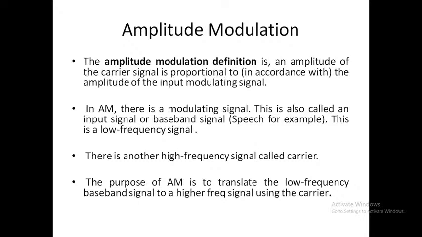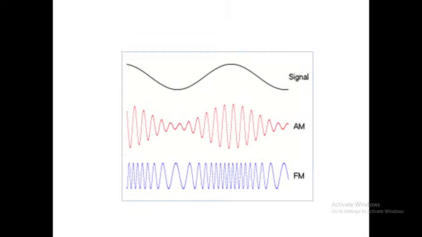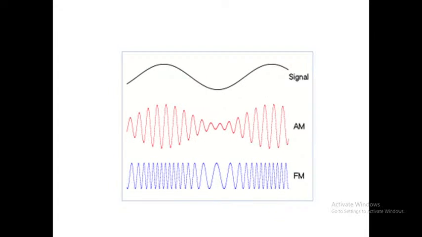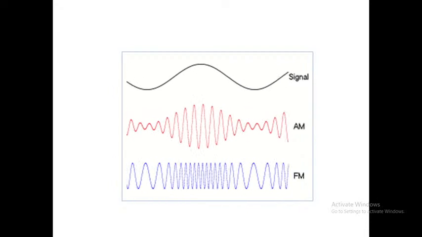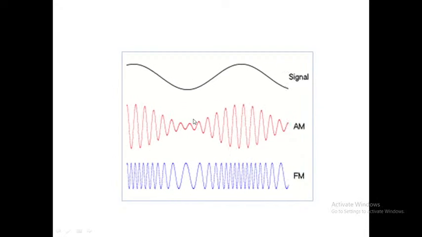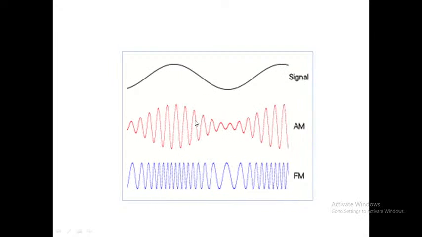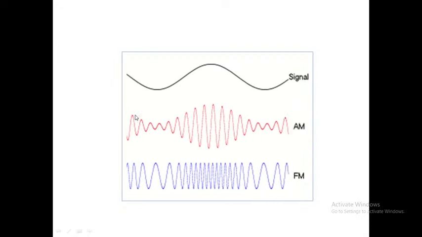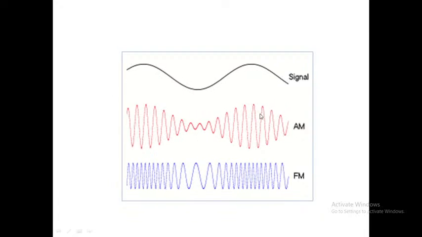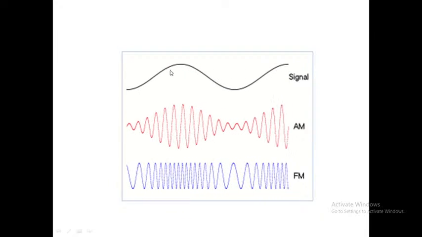Okay. And ultimately what we discussed last semester, these two figures: the first one is the signal for AM, where the amplitude of the carrier was varying with respect to the message signal.